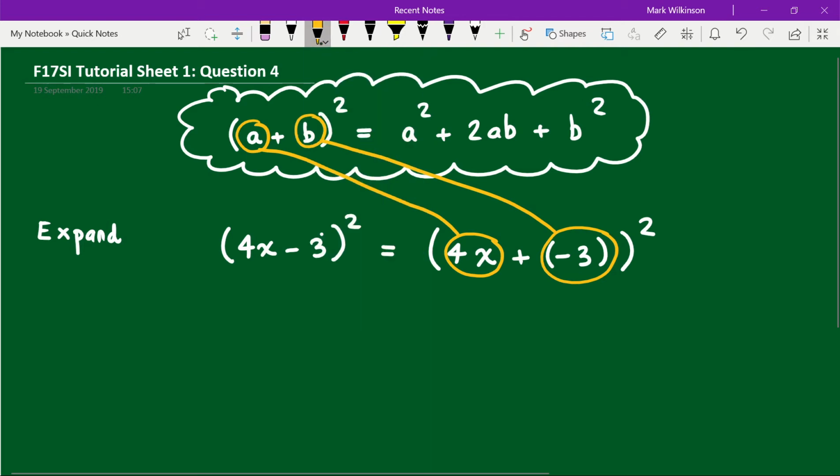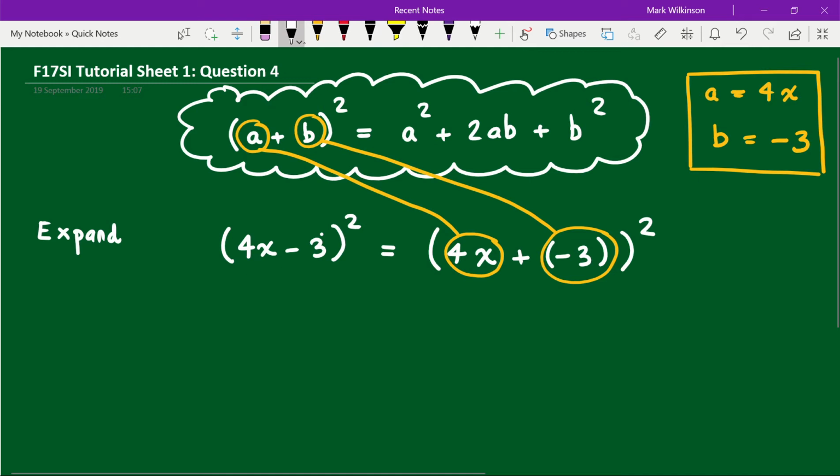So just to confirm that, I'll write here at the side a little box in which we'll record that substitution. So we'll say that a is equal to 4x, and we'll say that b is equal to minus 3, just having spotted that pattern. And actually that will allow us to expand this bracket just using the information in the bubble. Okay.